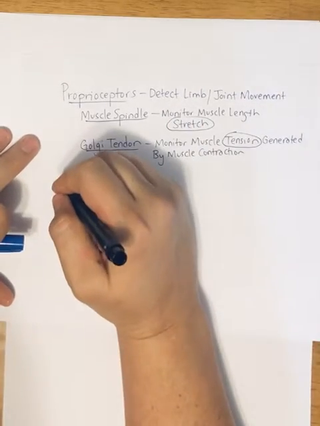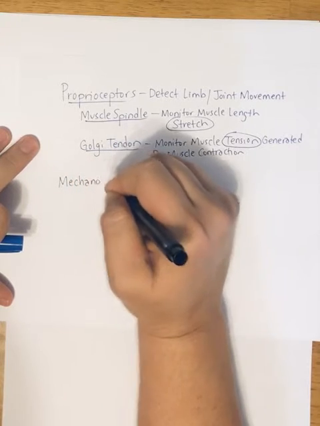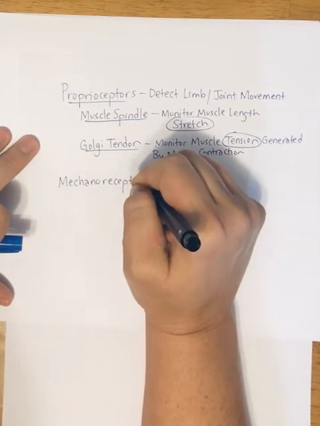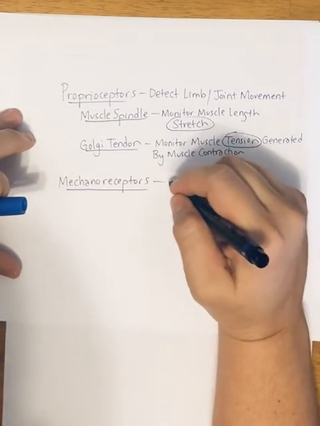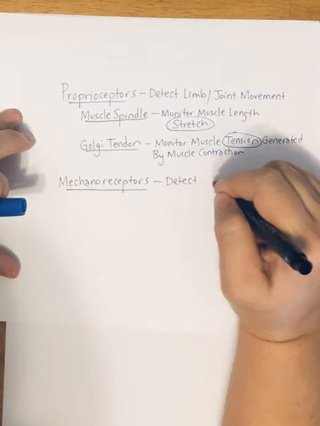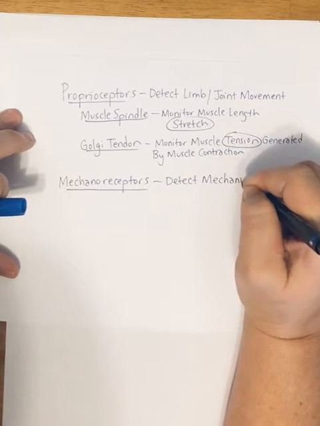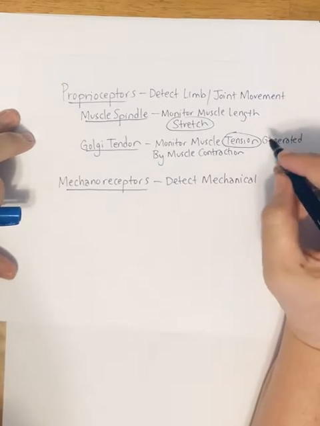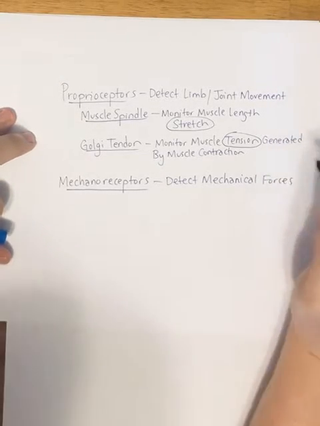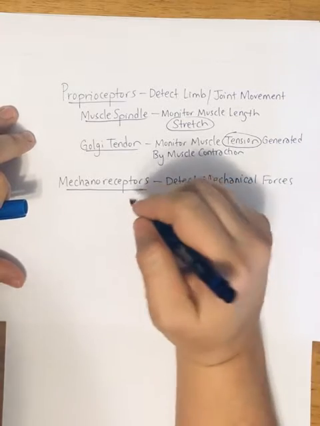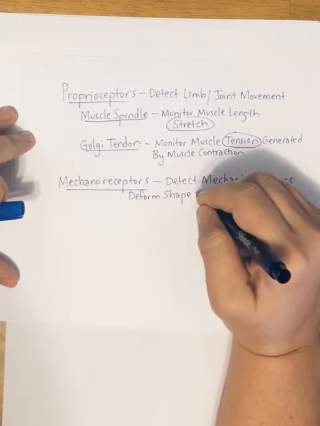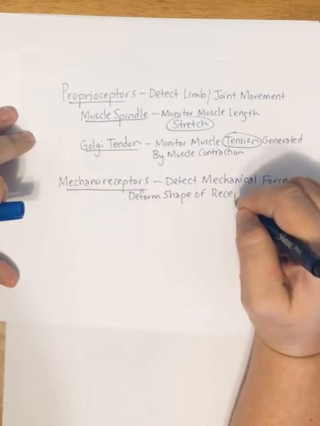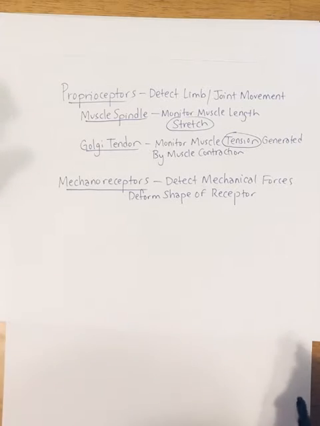Now, mechanoreceptors. These are going to detect mechanical forces that deform the shape of the receptor. Now, these are mostly going to be found in your skin, but they're also found in other places.